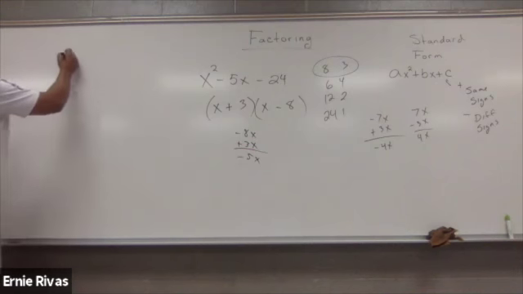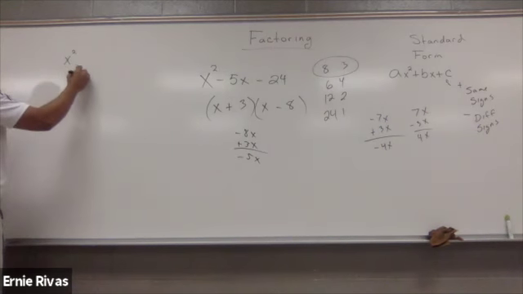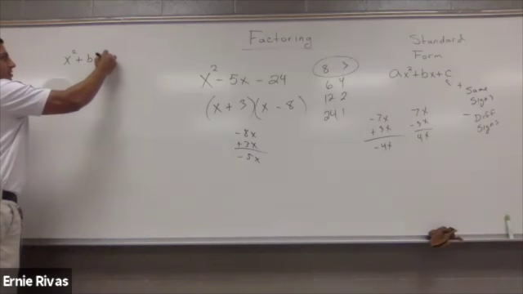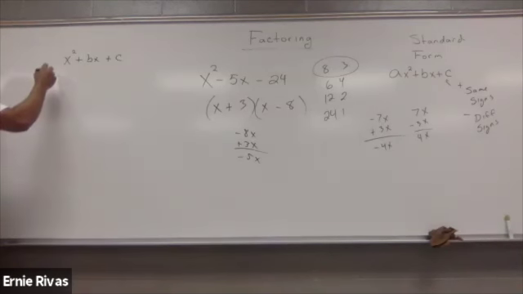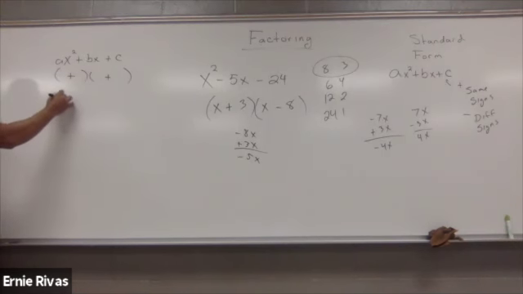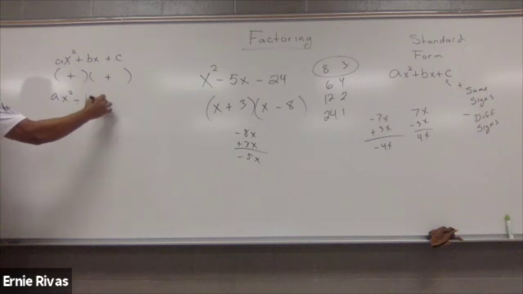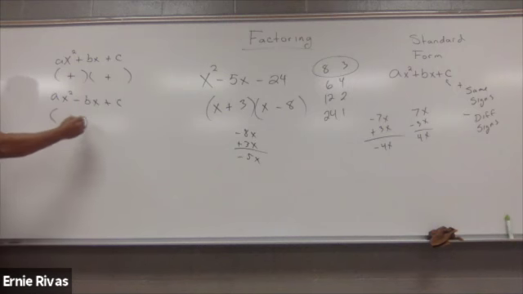So in general, for your notes, if I have x squared plus, I'm going to write it like this. I'll put the a in there. What are my signs? Plus, plus, right? What if I have ax squared minus bx plus c? Same sign still, but they're both going to be minus.